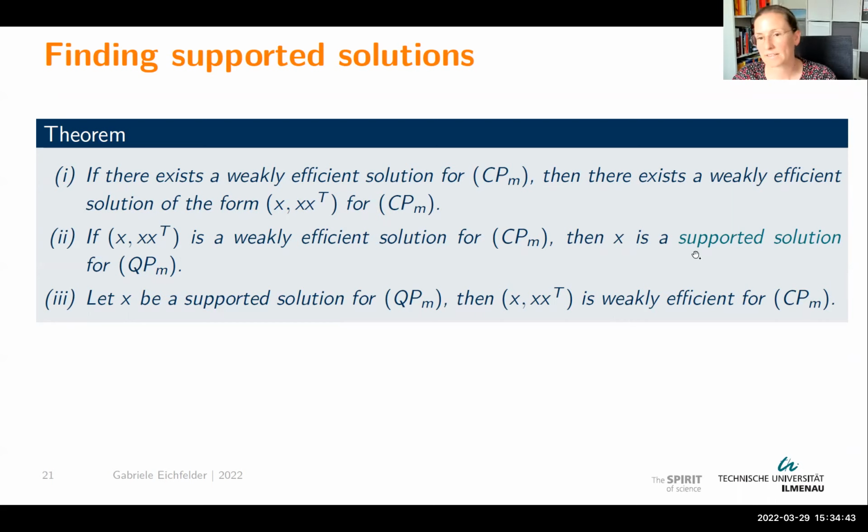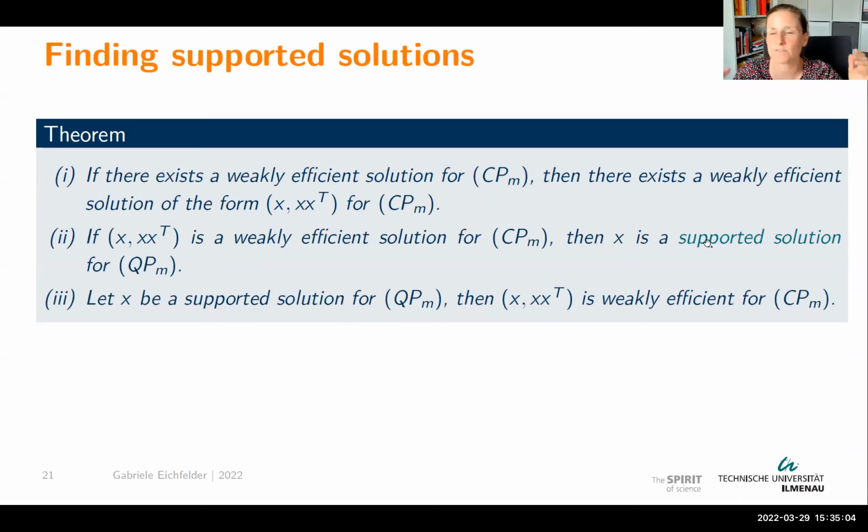But now the bad things start. We are immediately ending up with supported solutions. So in fact, this already tells us that whenever we try to solve our relaxed problems and try to retrieve solutions of our original problems from that, we will only be able to end up with supported solutions. Supported solutions are those we get by a weighted sum.